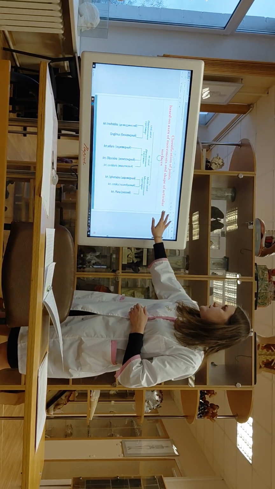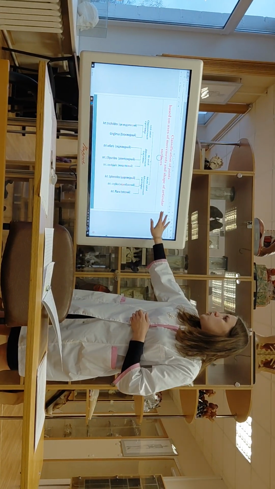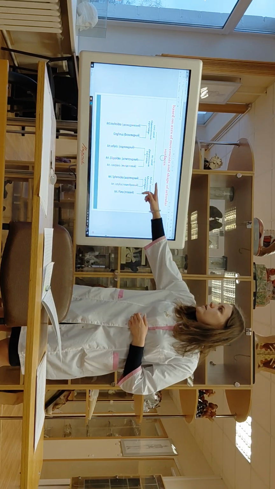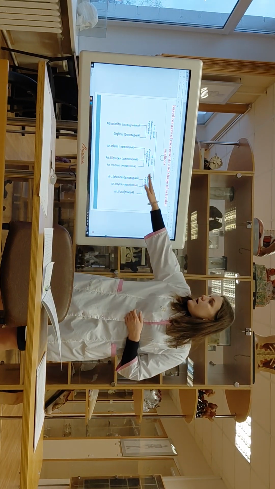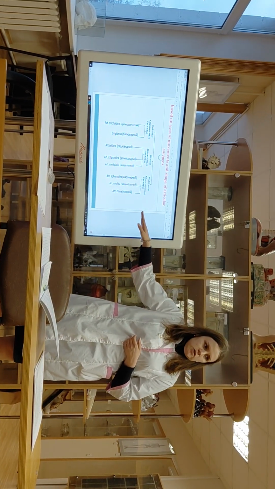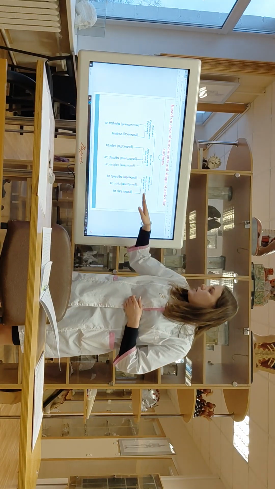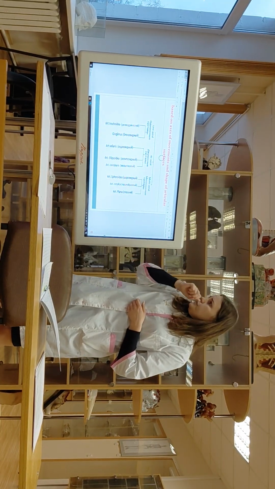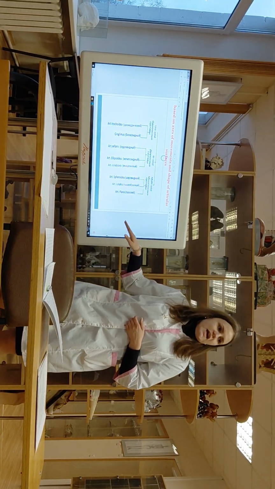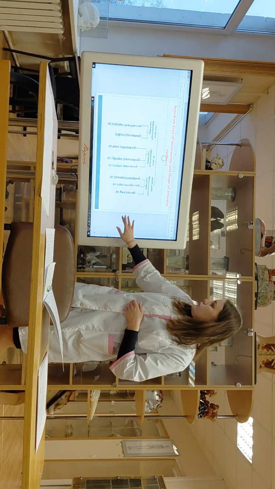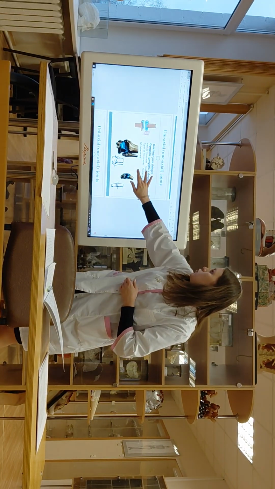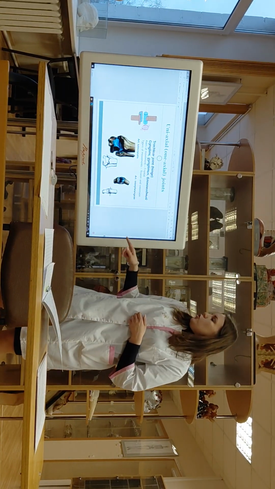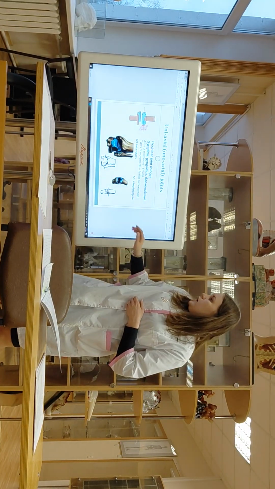And now, classification of joints based on axis of movement: uniaxial, biaxial, and multiaxial. In this group, we have joints divided by different shape. For example, first group, the trochlear joint, for example the elbow joint.